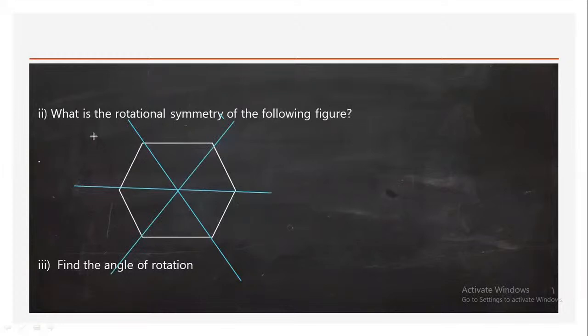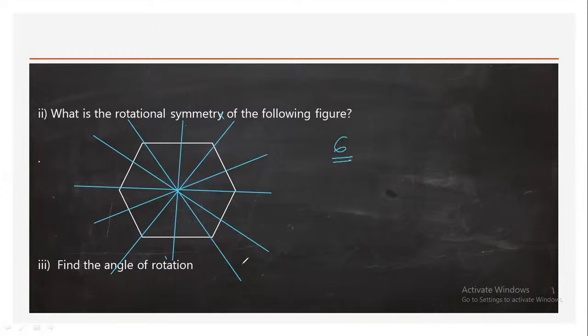They coincide if you rotate like this, and through this one. What is the rotational symmetry? There are 6 axes of symmetry, that is the rotational symmetry. If you rotate, it coincides 6 times.